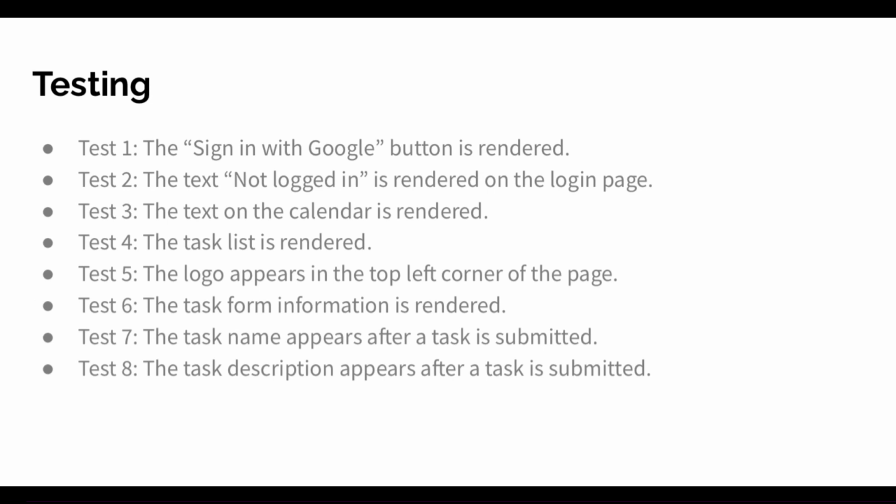But right now we have the tests including the following: the sign-in, checking if the sign-in with Google button is rendered, checking if the text not logged in is rendered on the login page, checking if the text on the calendar is rendered, checking if the task list is rendered, checking if the logo appears in the top left corner of the page, checking if the task form information is rendered, checking if the task name appears after the task is submitted, and finally, checking if the task description appears after a task is submitted.